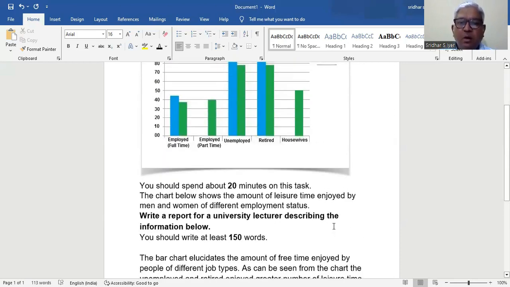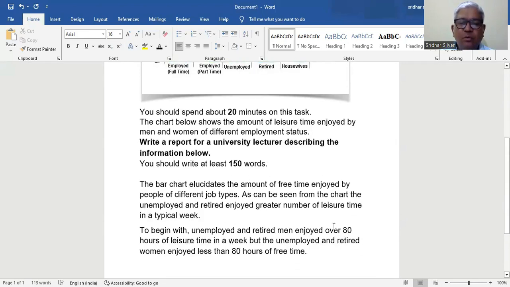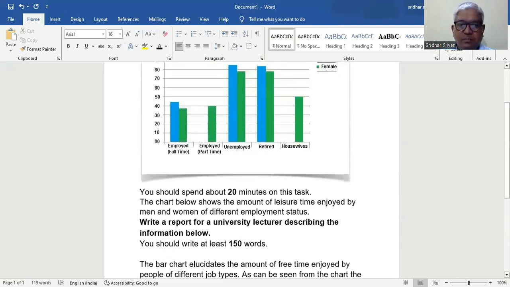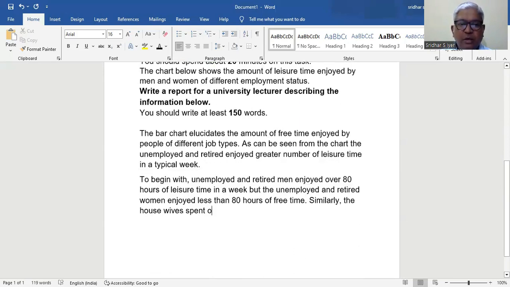Similarly, there are housewives. So we have to say similarly, the housewives spent over, or I think it's a proper 50 hours value, all right?